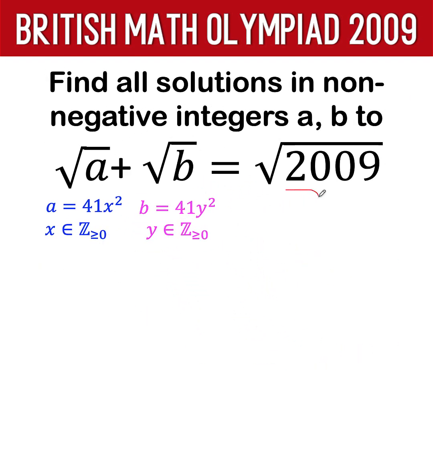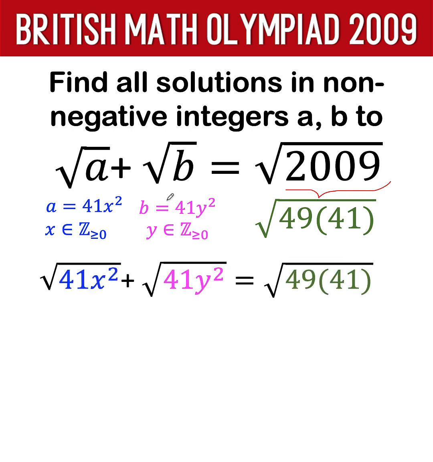Looking at the right side, we know that 2009 can be written as 49 times 41. And these are the corresponding expressions for a and b. And so by substitution, we now have this form. So this a now is replaced by this. The b is replaced by this, and 2009 is factored as 49 times 41.